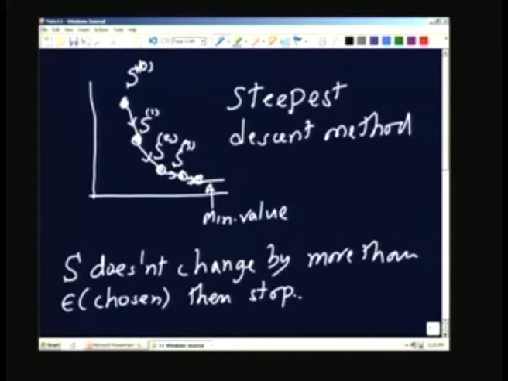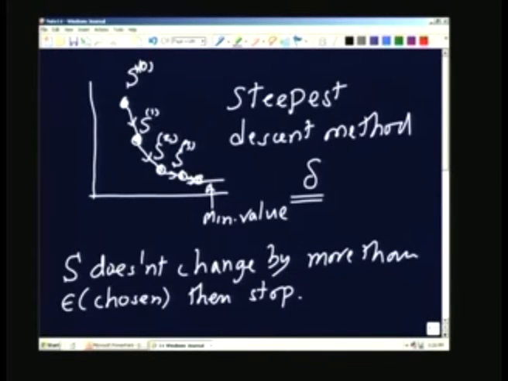Of course, in this method, if you take too large a step, it may actually miss, and it may start giving trouble as you reach the minimum point. Therefore, initially we may have to do a little bit of experimentation, find out the suitable value of delta. Initially we may take slightly larger delta, but once we close in on the minimum value, then we should start reducing the value of delta.